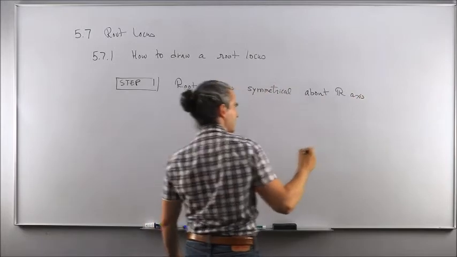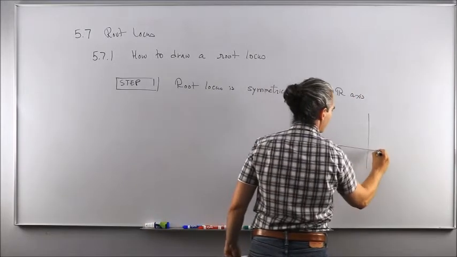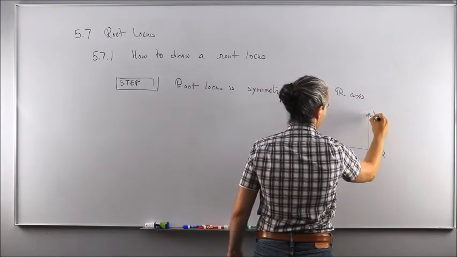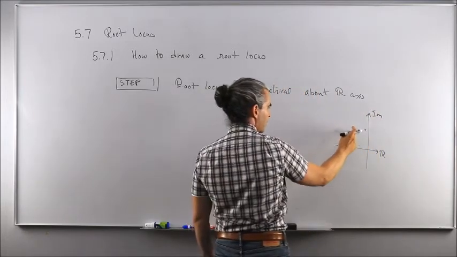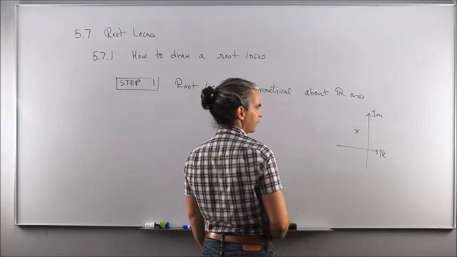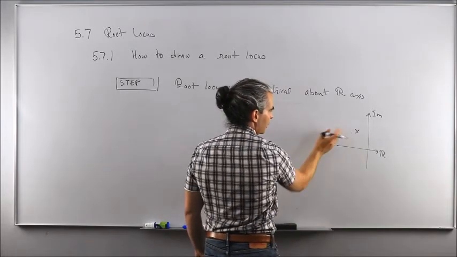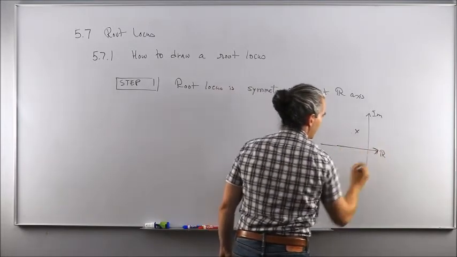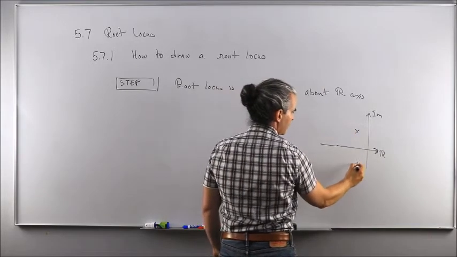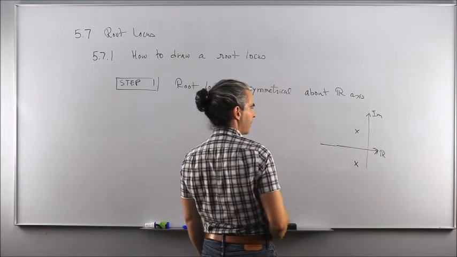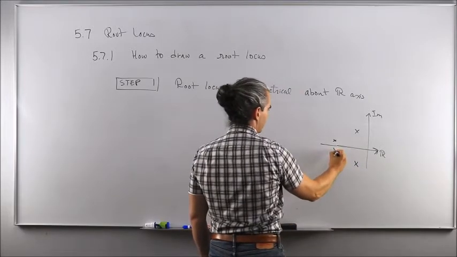That means that there's no way that you can obtain a root locus that would have one pole over here, but not its complex conjugate back down here, because that won't be symmetrical about the real axis. So if there's one pole here, it absolutely means that you have another pole down there. One here, one here.